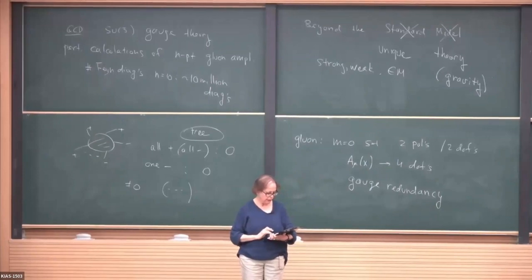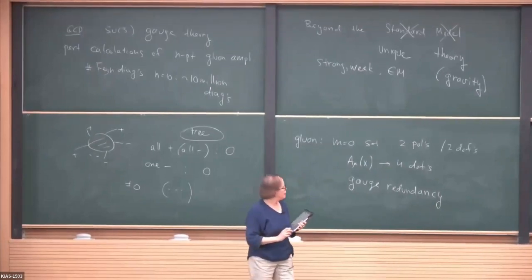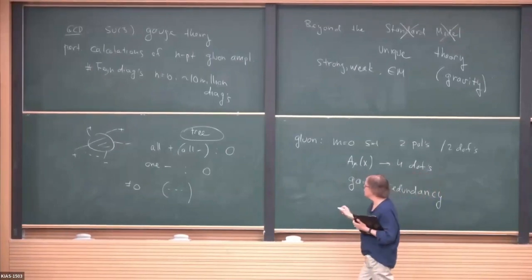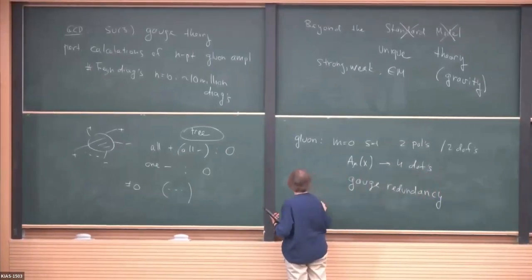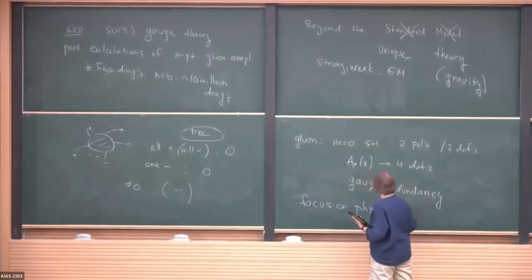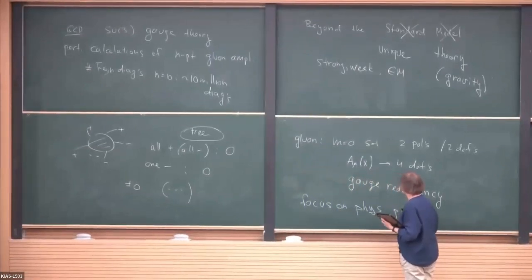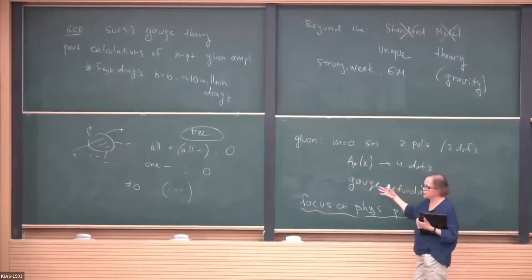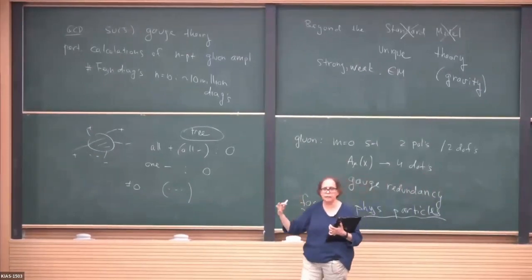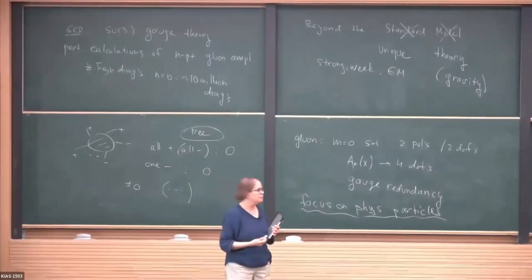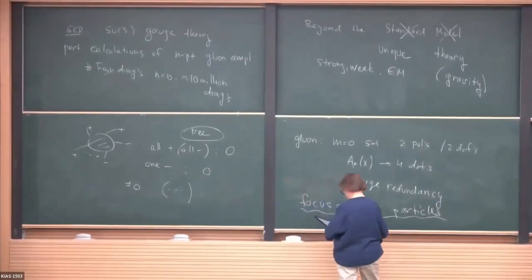Okay, and so the lesson here is that maybe what we want to do is focus on the physical degrees of freedom, that is the physical particles. And instead of working with the Lagrangian, work on the scattering amplitude itself, which only cares about the physical particles and sees the physical particles directly.